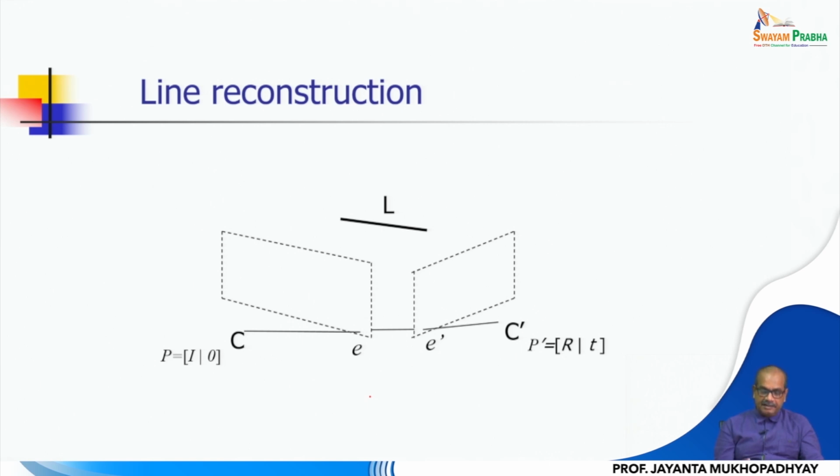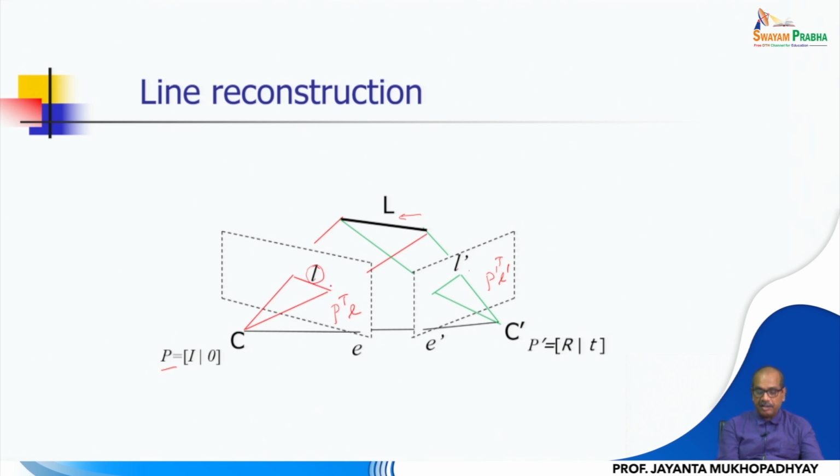As you know, this L defines a plane, and that plane also can be computed. If I can find out this line L, it is P transpose L. Similarly, this line also is L prime. So this gives me P transpose L, this gives me P prime transpose L prime, and these are the two planes. So the line is defined by two planes.